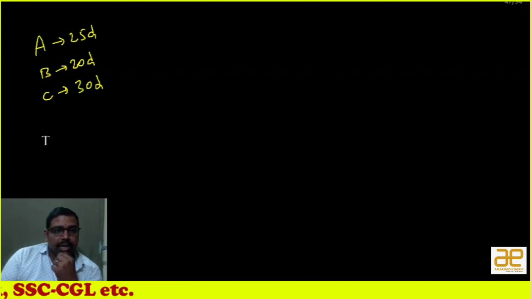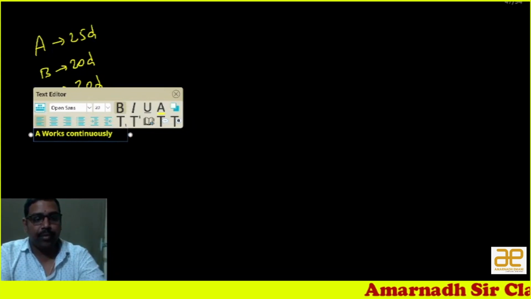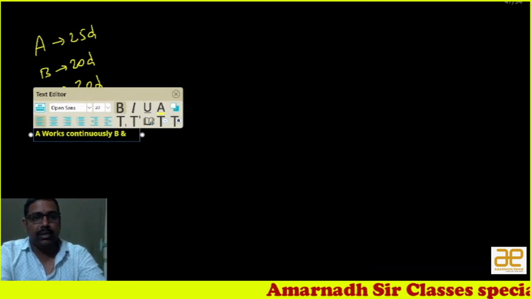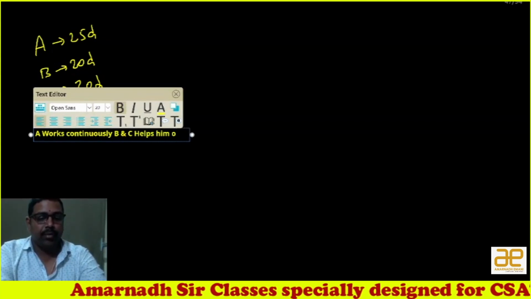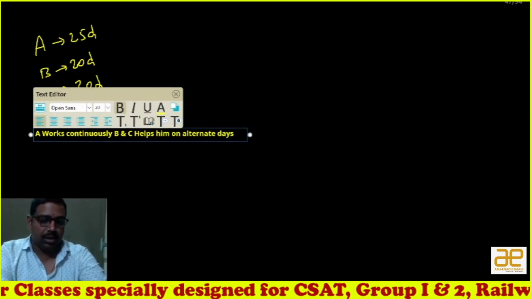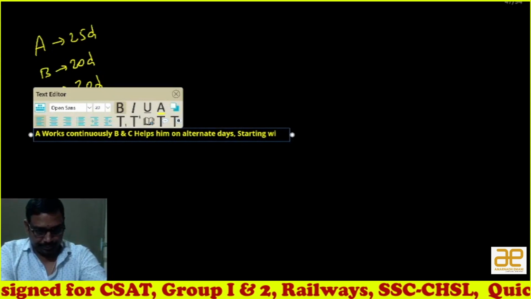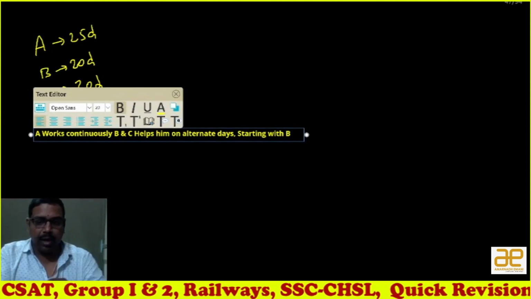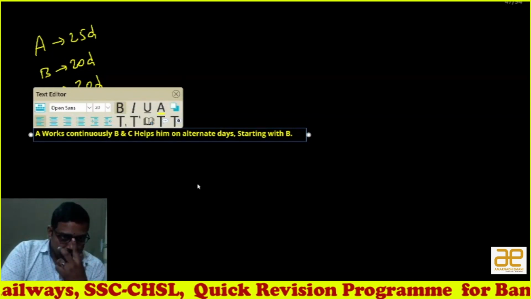Now he says that A works continuously, B and C help him on alternate days, starting with B. In how many days will the work be completed? Right? Okay, understand.